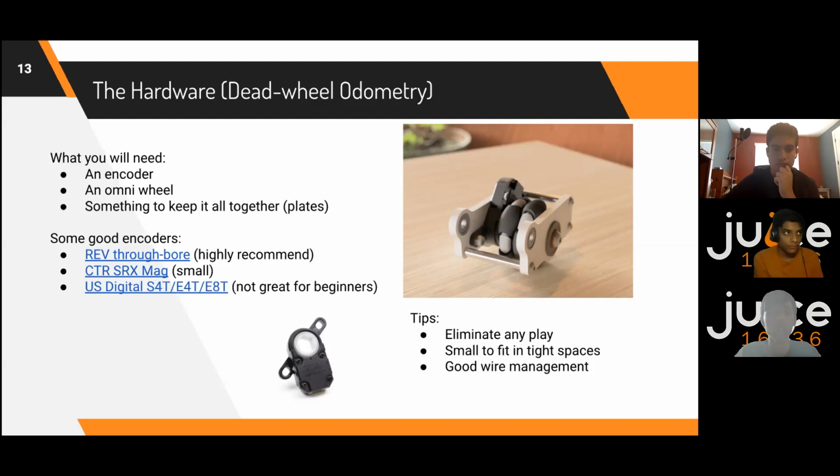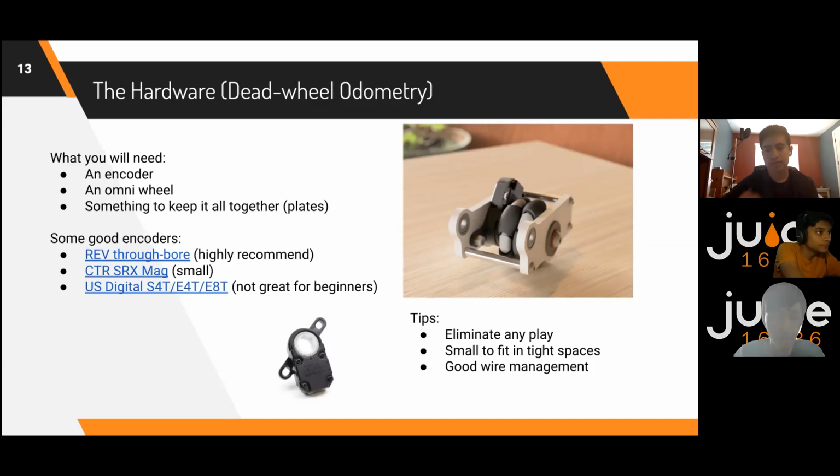Just some basic tips to look out for when you're implementing your own dead wheel odometry: you want to eliminate as much play as you can in the system. You don't want your dead wheel to be sliding back and forth on the shaft, or your whole module to be loose on your robot, because that just introduces inaccuracies, and then it really defeats the purpose of having your dead wheel system.